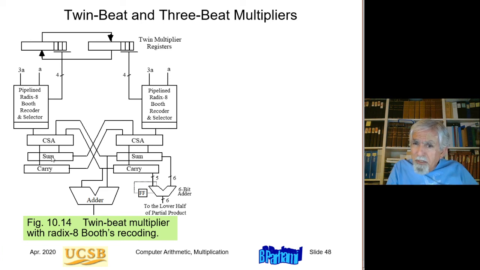Now, it stores the carry-save result here, but instead of using the same thing in the next cycle, it uses another copy of the circuit in the low half of the clock pulse, phase 2, to handle another 3 bits of the multiplier.